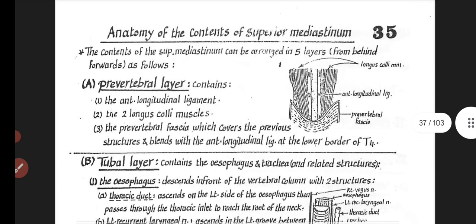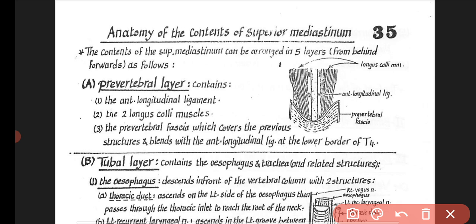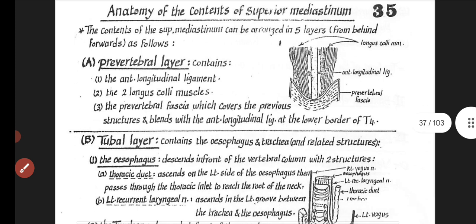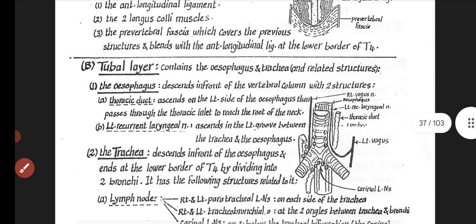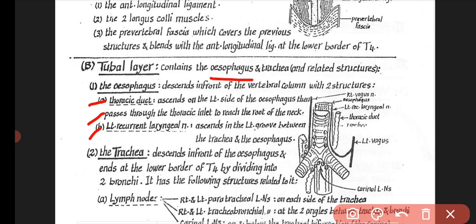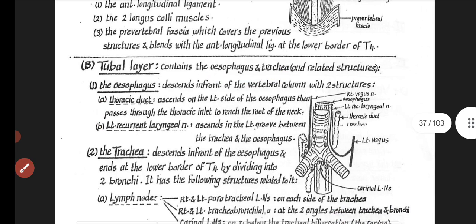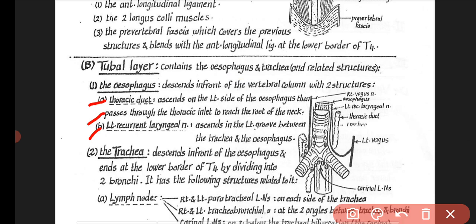Number one is the prevertebral layer, which contains the anterior longitudinal ligament, longus colli muscle, and prevertebral fascia. The next one is the tubal layer, which contains mainly the esophagus and trachea.